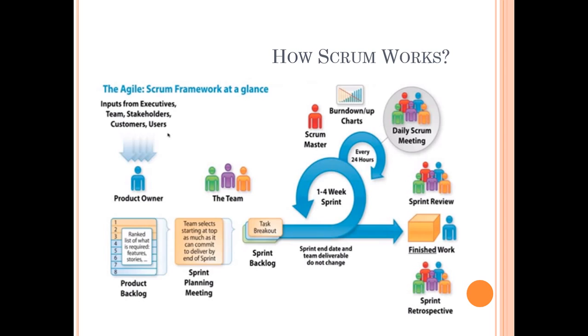They decide the size, and the size of each user story or task is estimated by the team members. It's not done by the product owner or Scrum Master. It is the team who decide how much effort is required, and they themselves commit to the task. Individual team members get assigned some tasks themselves.